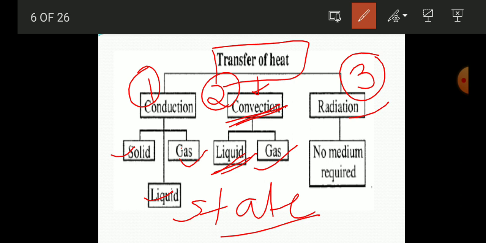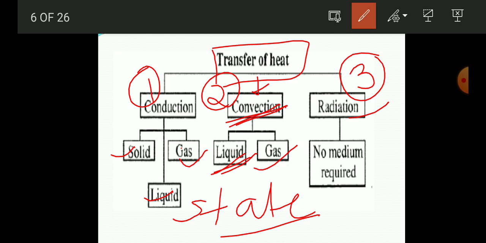Then at the last we have radiation. Students, radiation is very important because you will learn something different: in radiation no medium is involved. No medium is required for the transfer of heat in case of radiation.